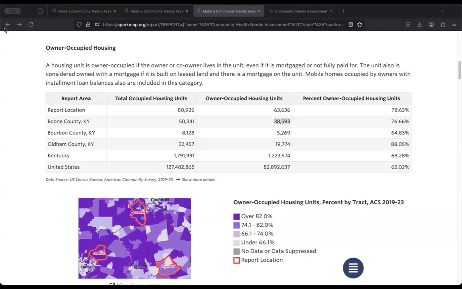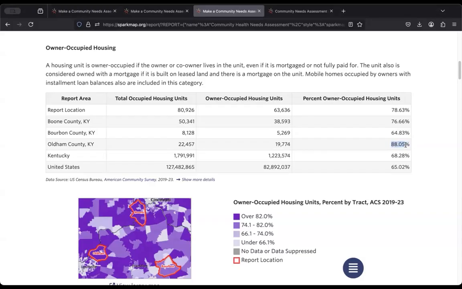So here again, we can see that we've got one county, Oldham County, that's doing a pretty good job, right? They've got 88% of the homes in their county owned by a person. And that relates to a lot of things like community engagement, being civically engaged, having a lot of ownership in your communities, those types of things too.